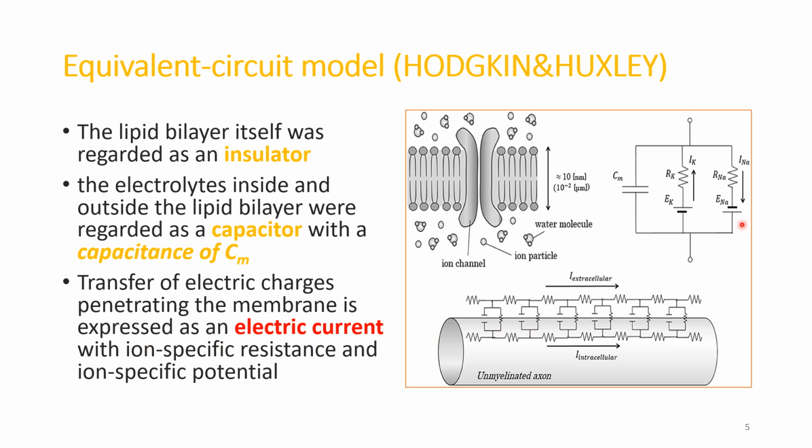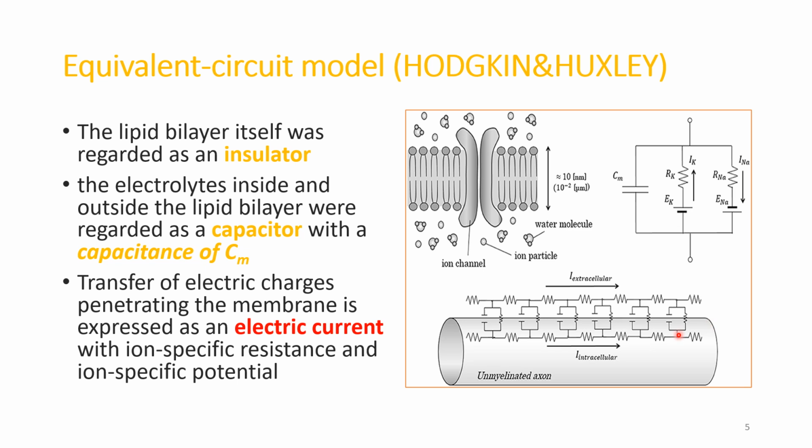Here you can see sodium is penetrating inside the cell, potassium is going outside the cell. They generate electric current, and this is stopped by specific ionic resistance and a specific potential. Because of the resistance and the potential difference, the flow stops at one point.